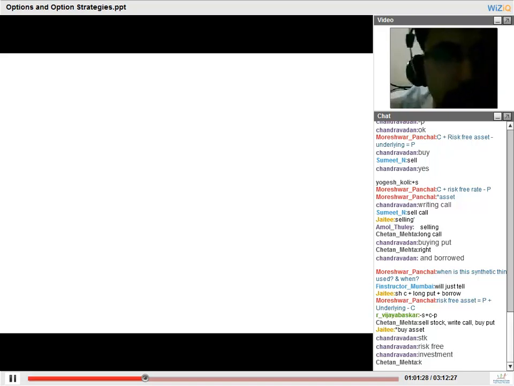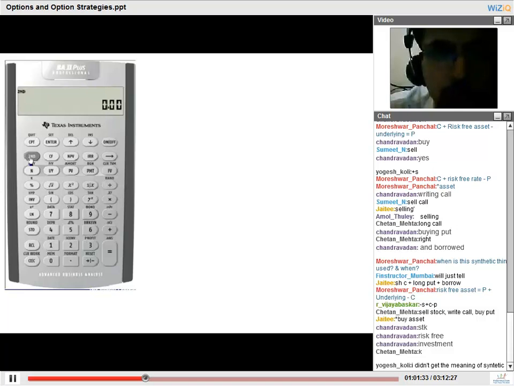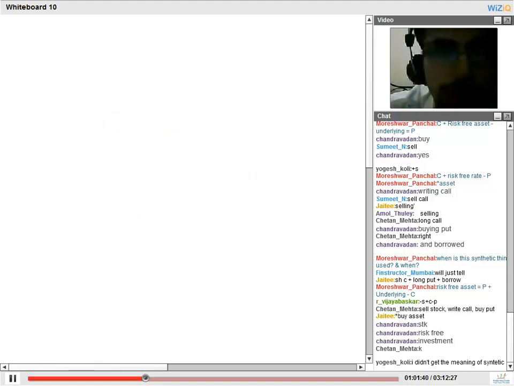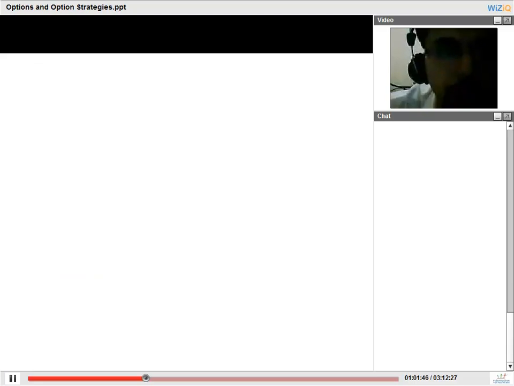A 2-year European call option has a market price of $50 with a strike price of $140.